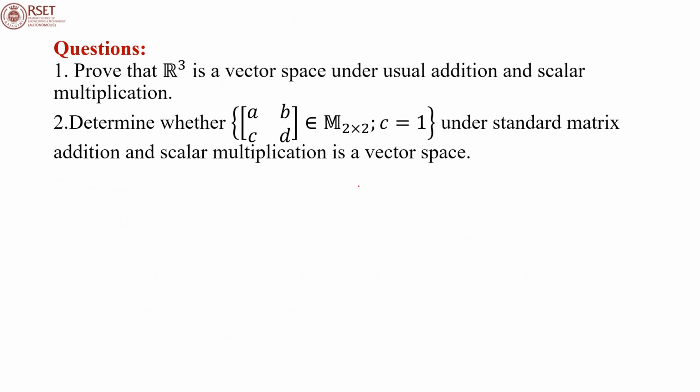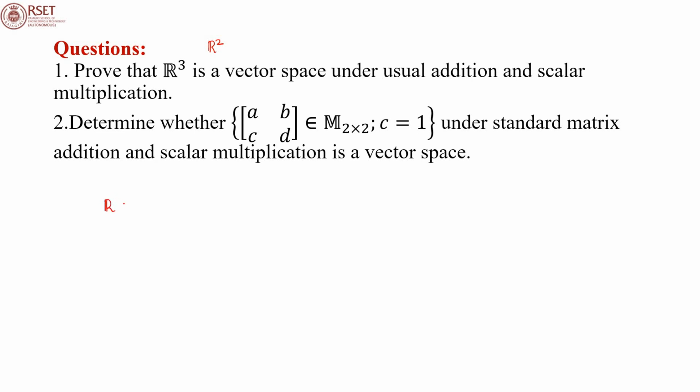Now there are two questions for the reader to work out. The first question is, prove that R3 is a vector space under usual addition and scalar multiplication. We have already proved that R2 is a vector space. So what is R3?